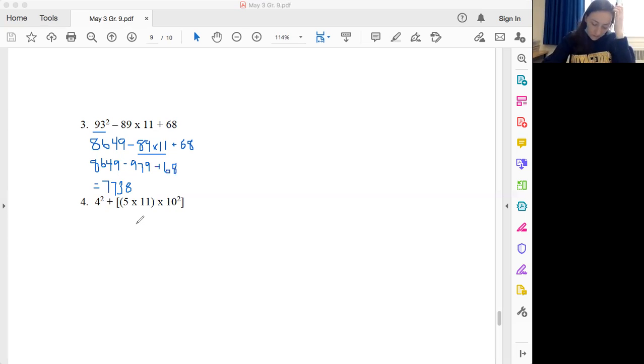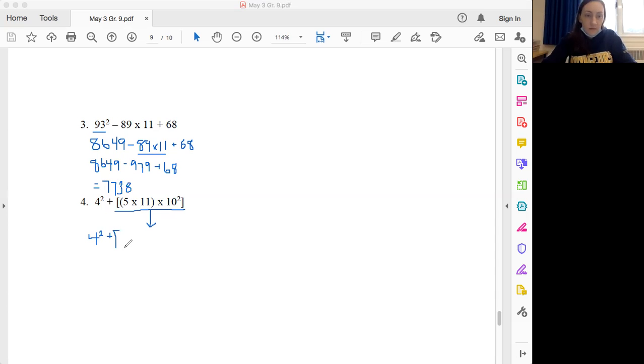Okay. For our last example, there is a large bracket. So what you're going to do is solve this first, and then this comes last. So you're still going to write it. So 4 squared plus, and you're going to look at what's inside the bracket. Is there a bracket inside the bracket?